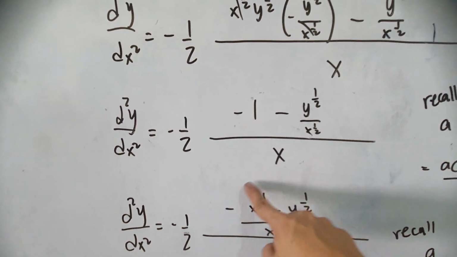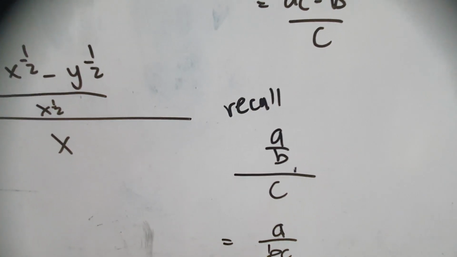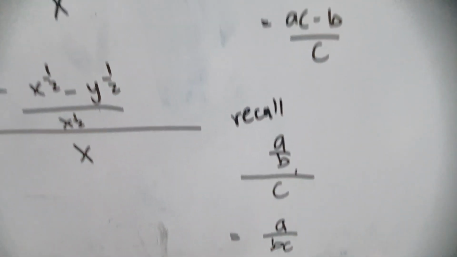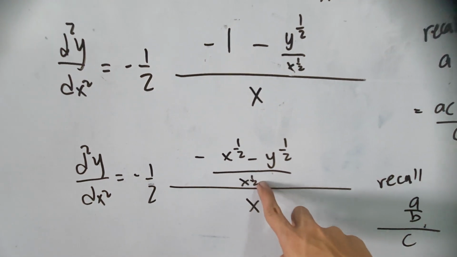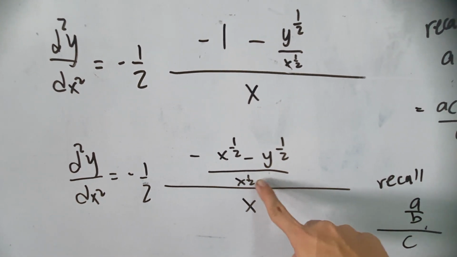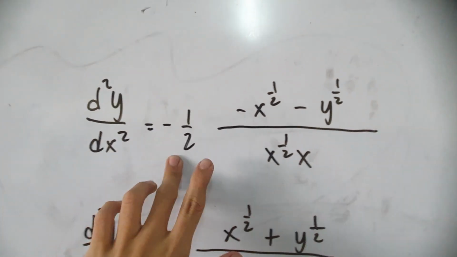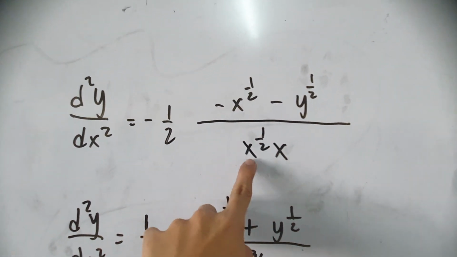Again, we can manipulate this one through simple algebra. A over b divided with c, that is equivalent to a over b times c. So manipulating this one, we'll just have to multiply b times c. So we now have here negative 1 half, negative x raised to the power 1 half minus y raised to the power 1 half.